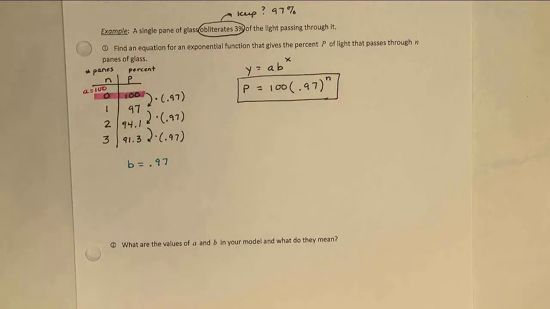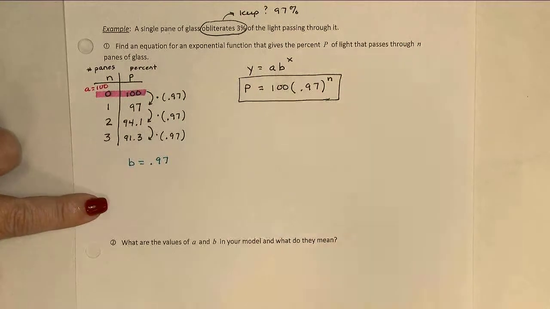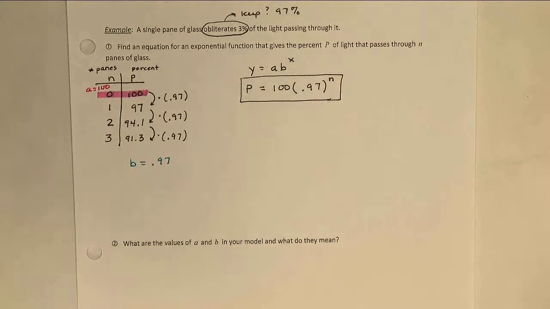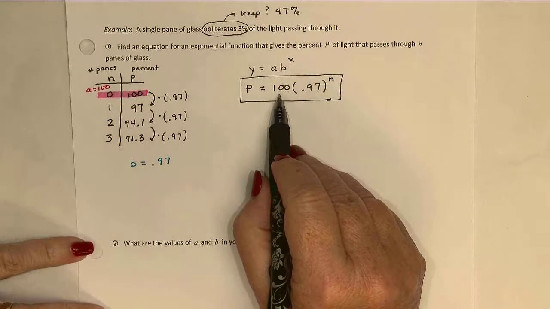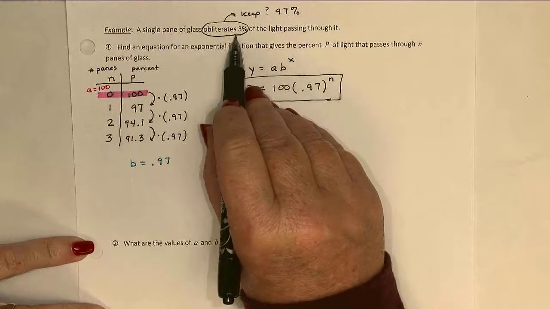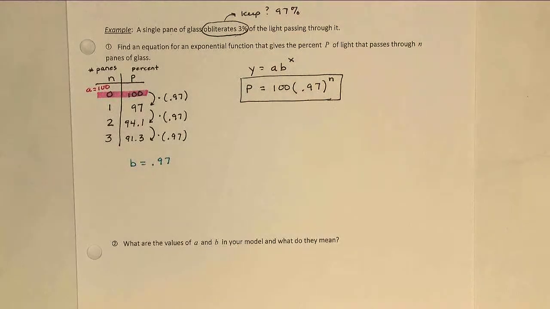Now once again, it's not necessarily true that you would have to write down the table of values. I think it helps especially when we're starting out. But if you recognize that you start with 100% of the light, and the fact that we are getting rid of 3% means we keep 97%, that's your base, you very well might be able to write that function down without ever creating a table at all.